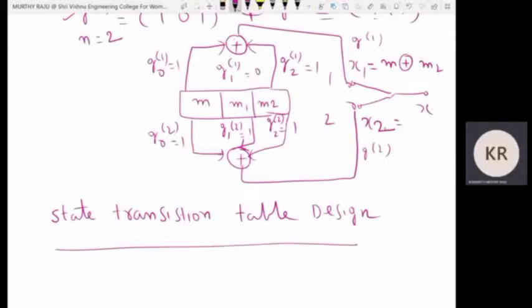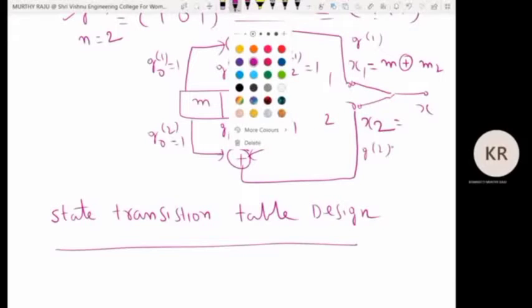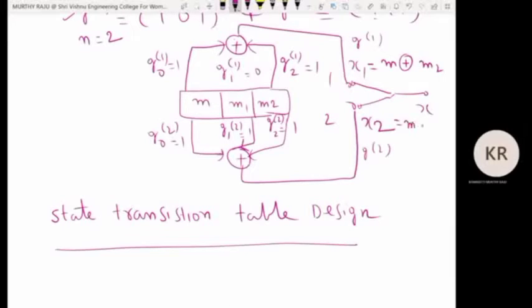X2 is equal to M exclusive OR with M1 exclusive OR with M2. These are the two outputs of the convolutional encoder.